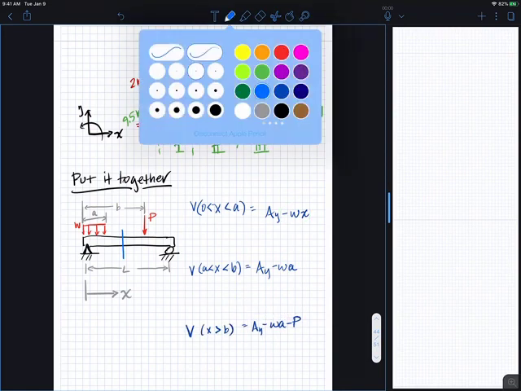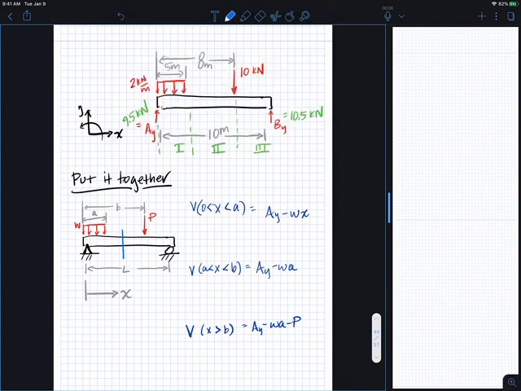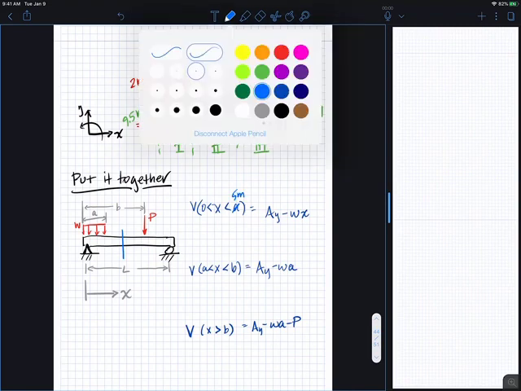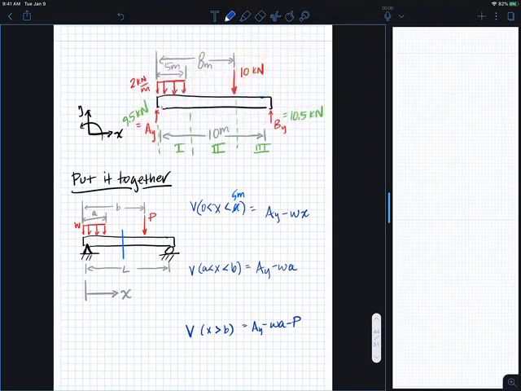Okay, so for shear between x is 0 to A, which is now our 5 meters, what we have, right, is AY, 9.5 kilonewtons, minus 2 kilonewtons per meter times x. So this is that shear.